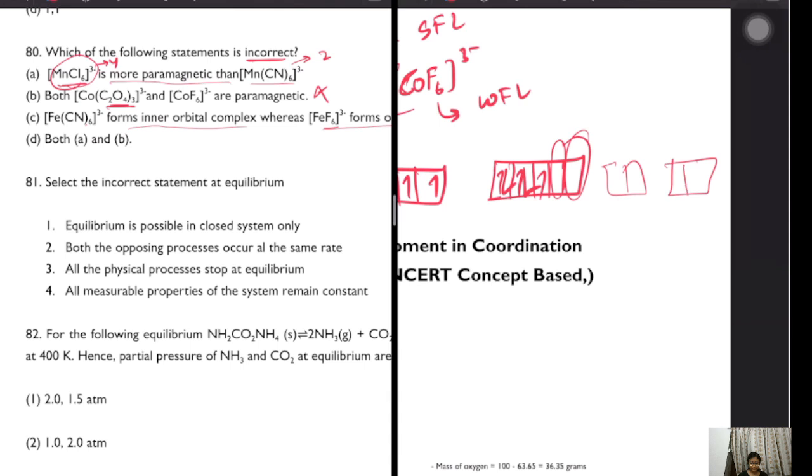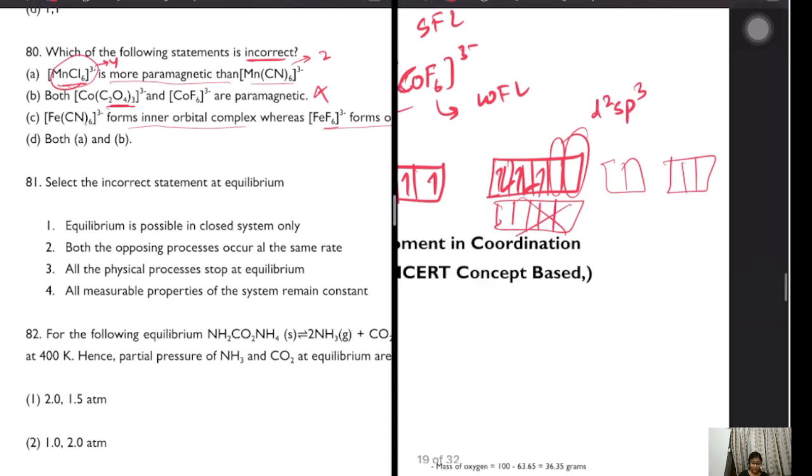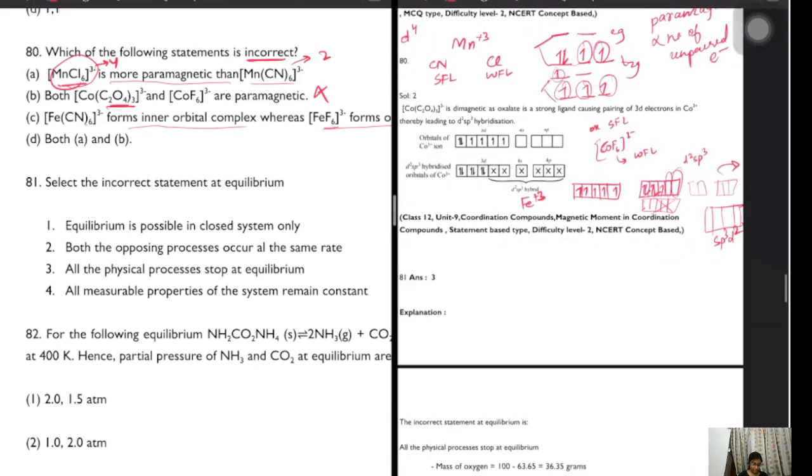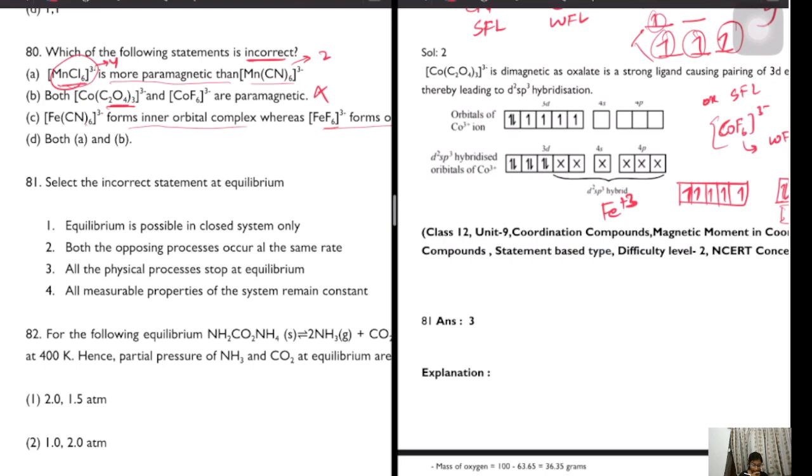So it is d2sp3, that is an inner orbital complex. But in case of F, no pairing occurs. So the outer d orbital is used. So it would be sp3d2. This statement is also correct, so which is the incorrect statement now? That is B. So this would be our answer.